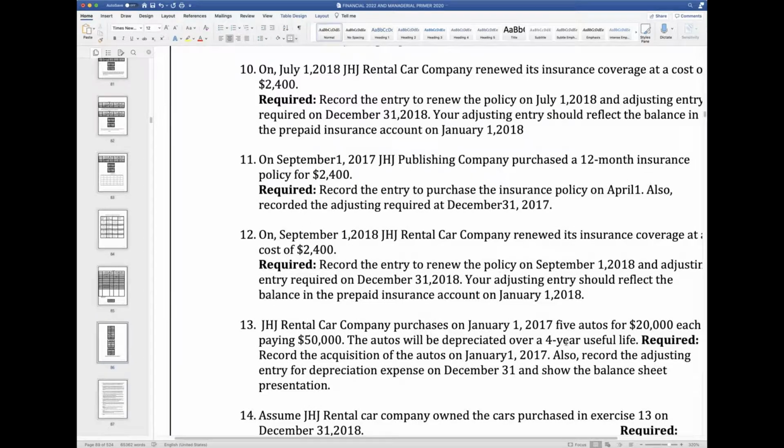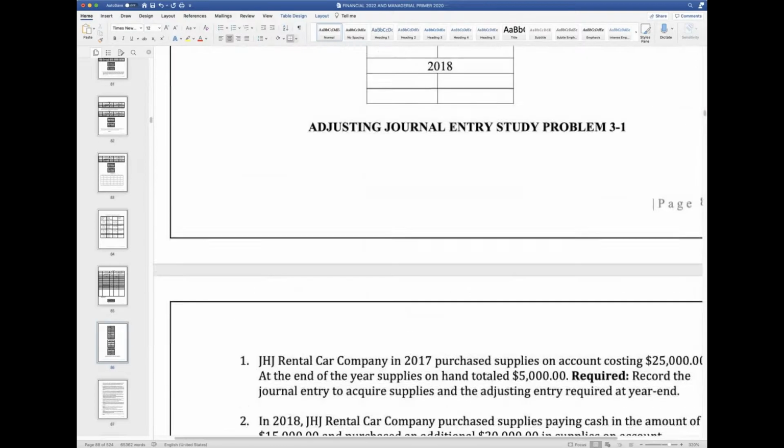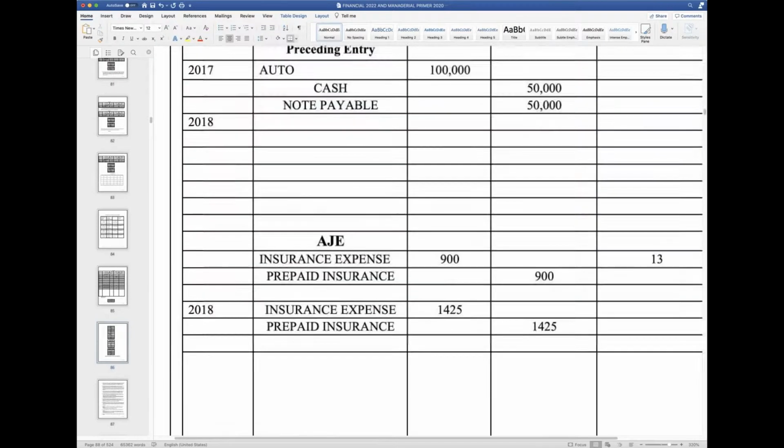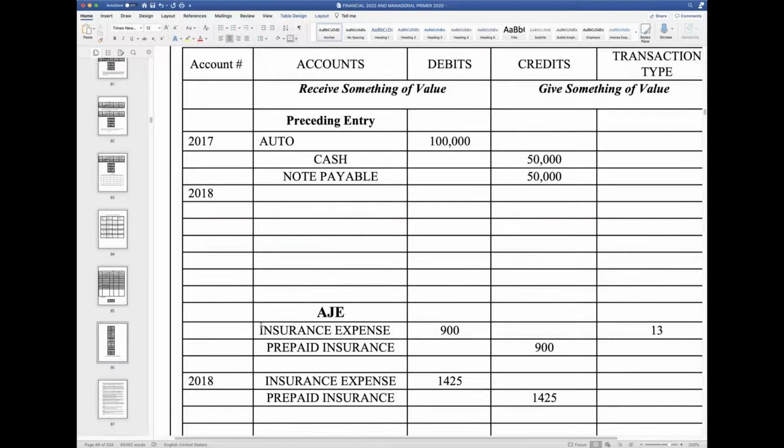So 4 years, 100,000 divided by 4, every year it's going to depreciate 25,000. That's correct. So we're going to make an entry. In depreciation expense, we're going to put the 25,000. Depreciation expense, that's correct.